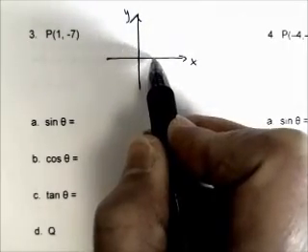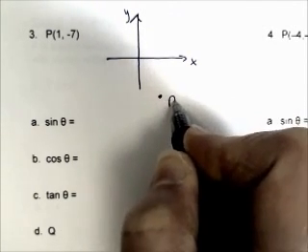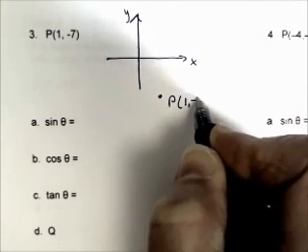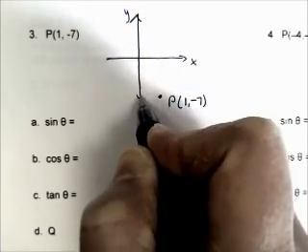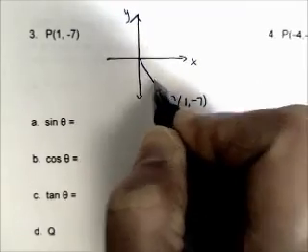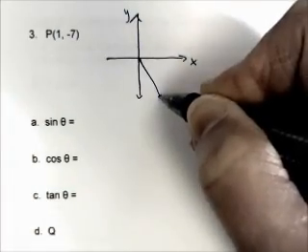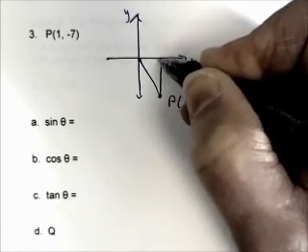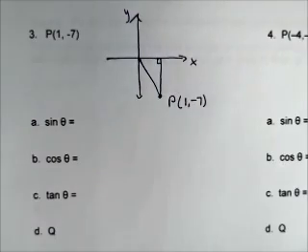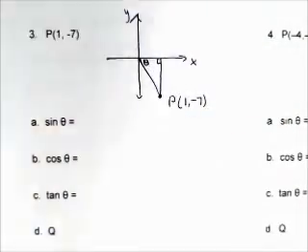Positive 1, negative 7 puts us in quadrant 4 again. Connect the origin to the point and then draw a perpendicular to the x-axis. Here's our right triangle. Label theta.